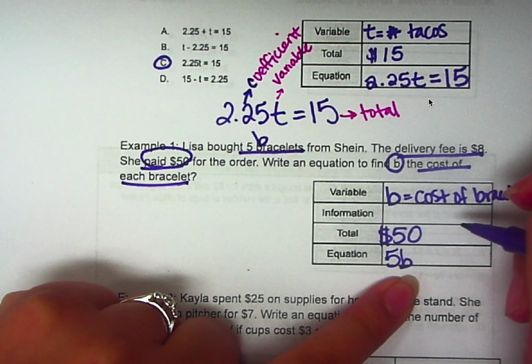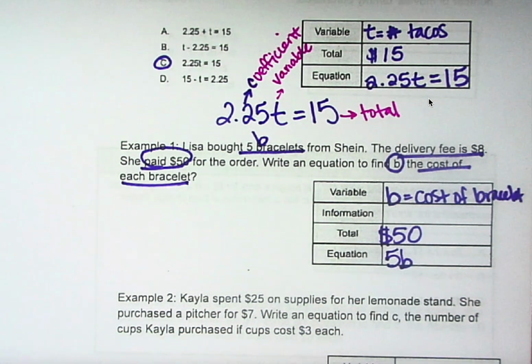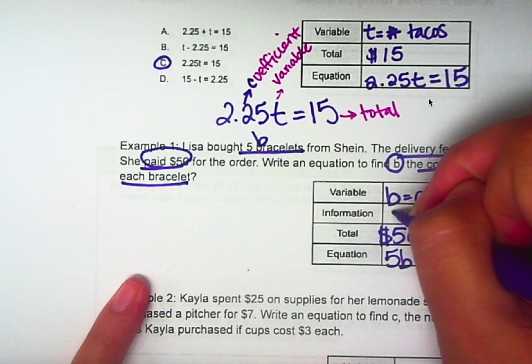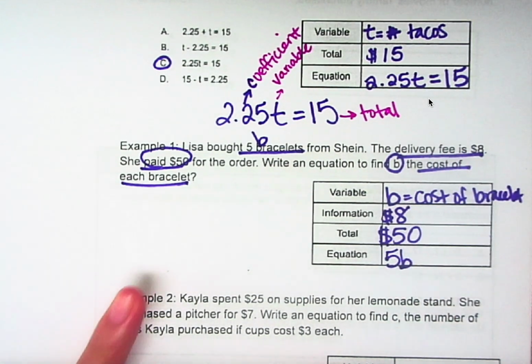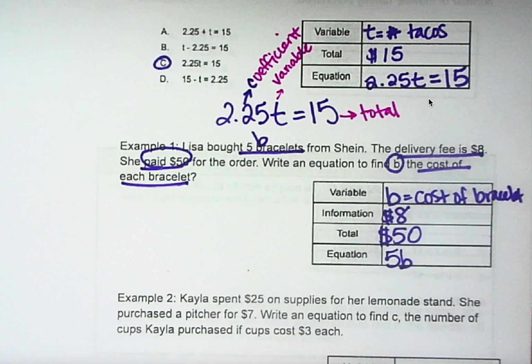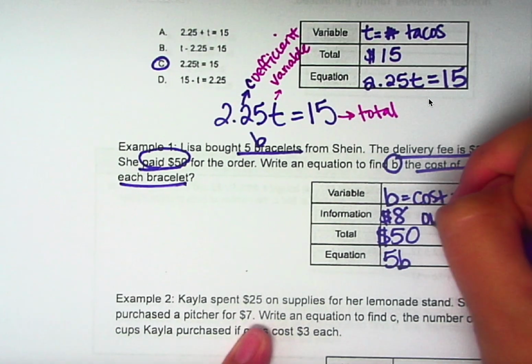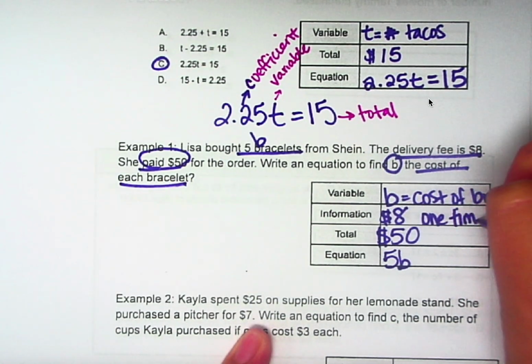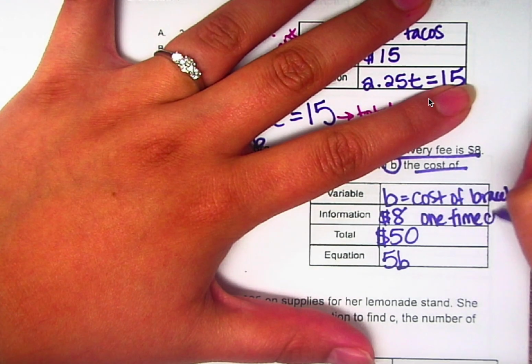Okay, so what else are we missing? We're missing the delivery fee. A delivery fee was $8. Okay, so that delivery fee, let's think about that for a second. Do we have to add it every time we see bracelets, or is it just a one-time fee? It's just a one-time fee. So let's go ahead and write that. Or one-time charge is better.